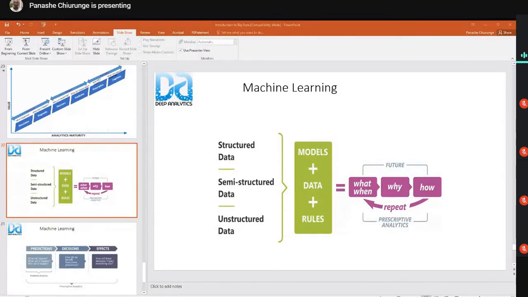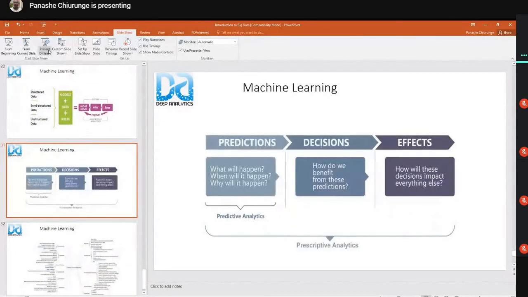Then that particular model will look at what will happen, when will it happen, why will it happen, and how it will happen, right? So that's prescriptive analytics, just to go into more detail.